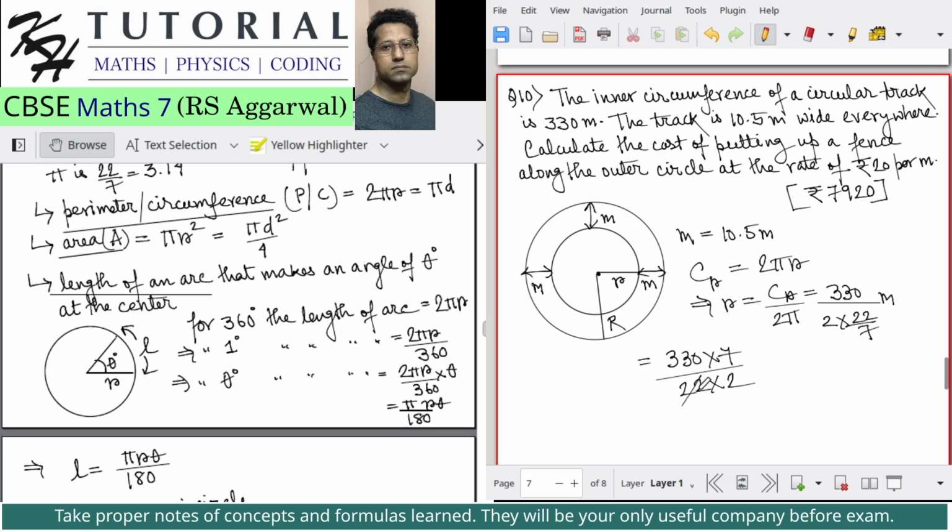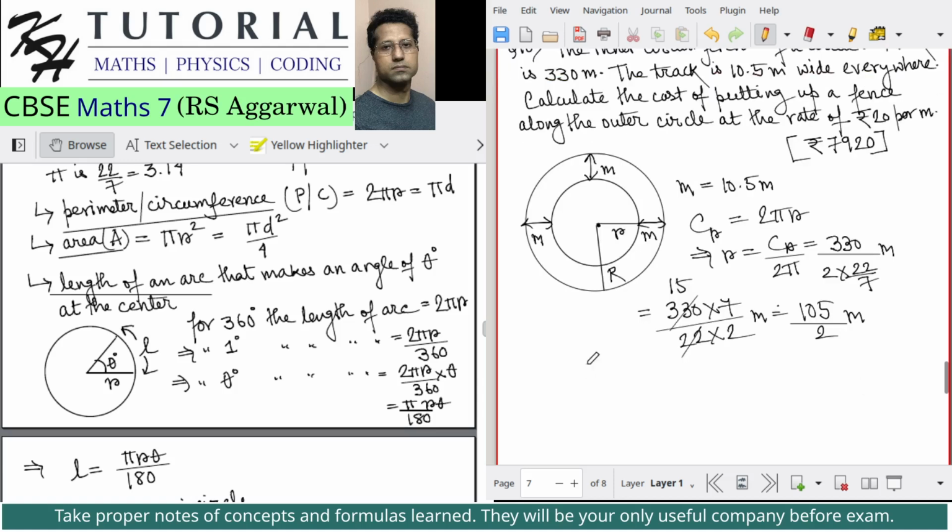Let's see if 22 divides 330. 1 5, 22 110 5. So this is 105 by 2 meter, the radius of the inner circle.